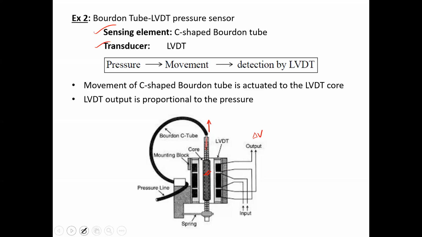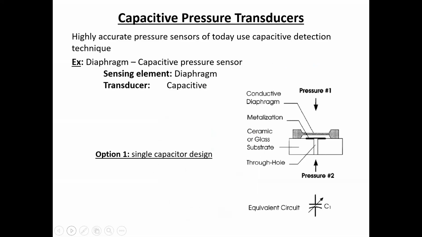So lastly, in today's lecture, I will conclude with two more examples of a capacitive pressure transducer. So for capacitive pressure transducer, one example could be using the diaphragm as the primary sensing element, and the capacitive transducer can be formed to convert the displacement into electrical quantity or change in capacitance.